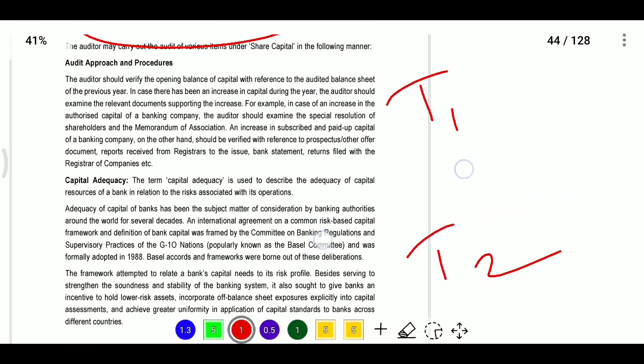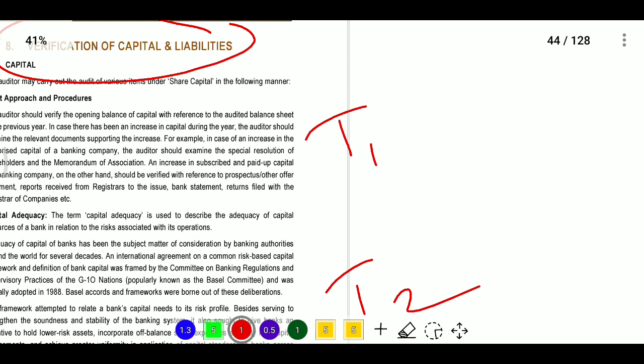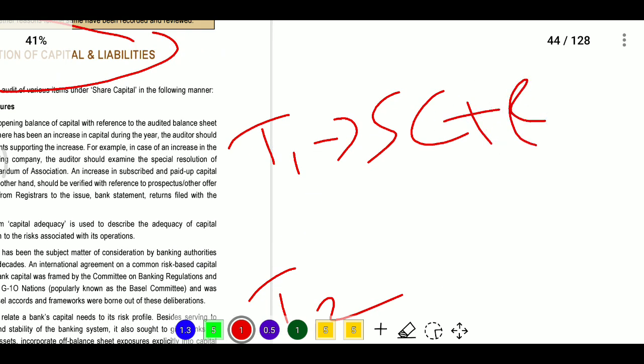Now what is meant by tier 1 and what is meant by tier 2? Firstly, tier 1 capital consists mainly of share capital plus disclosed reserves, and it is the bank's highest quality capital because it is fully available to cover losses.